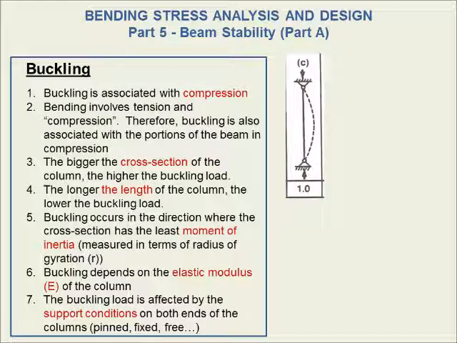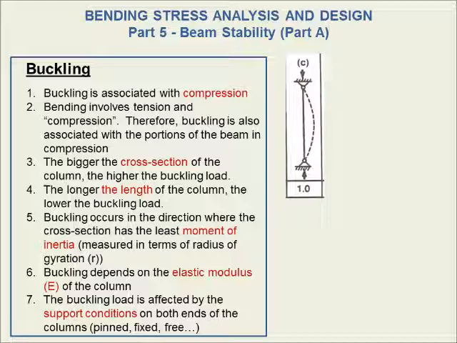The combination of supports both at the top and the bottom of a column, pinned, fixed, or free, and whatever combination thereof, affects the shape that it creates when it bends. This affects its stiffness inherently, which in turn affects the buckling capacity. This is not very intuitive, but let's take it one step at a time.